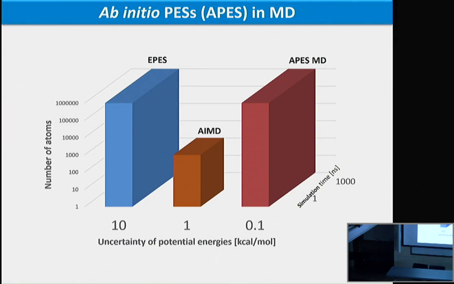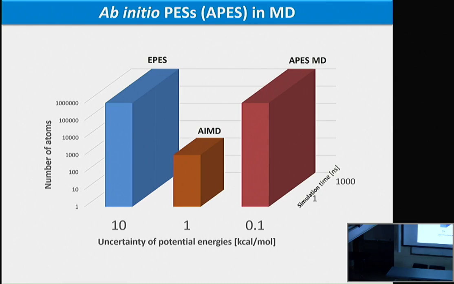I will not talk about it, but our big picture and long-term goal is to make this method usable in molecular simulations, in design of materials and other applications like this. So what will be the advantages of using these potentials instead of what is used now?